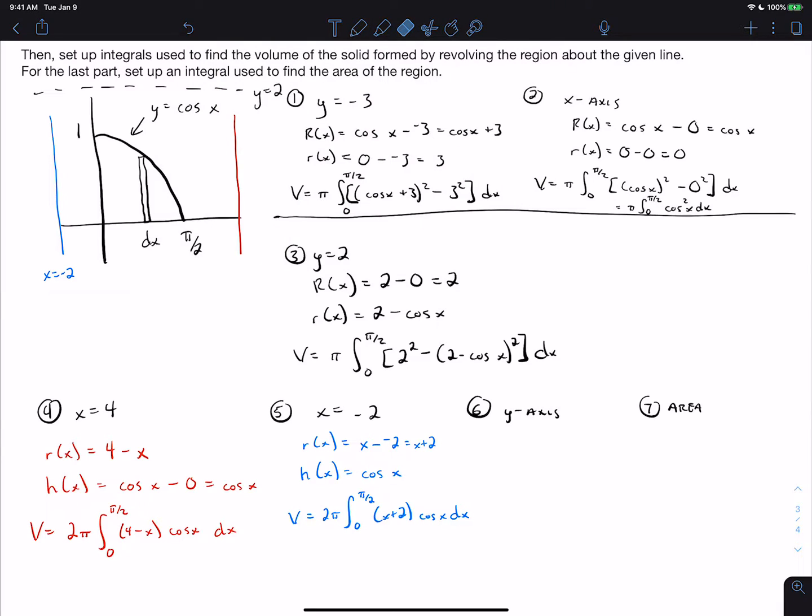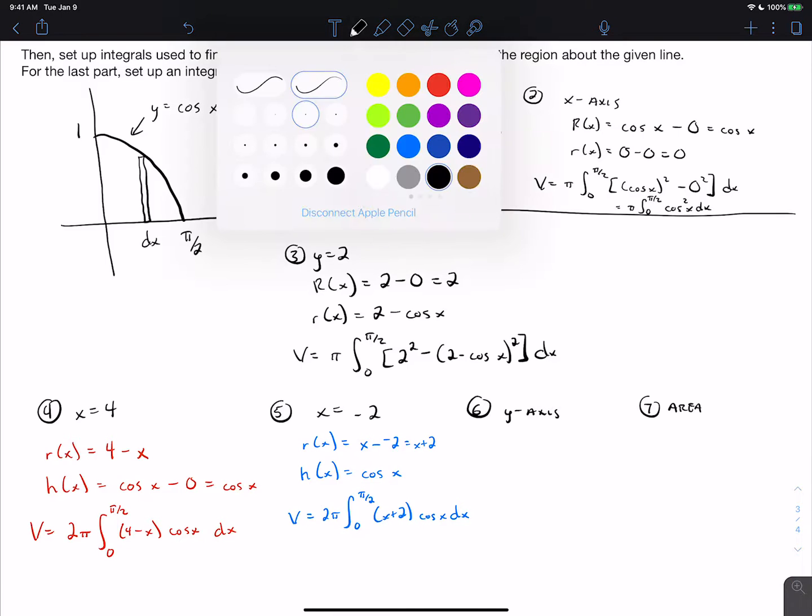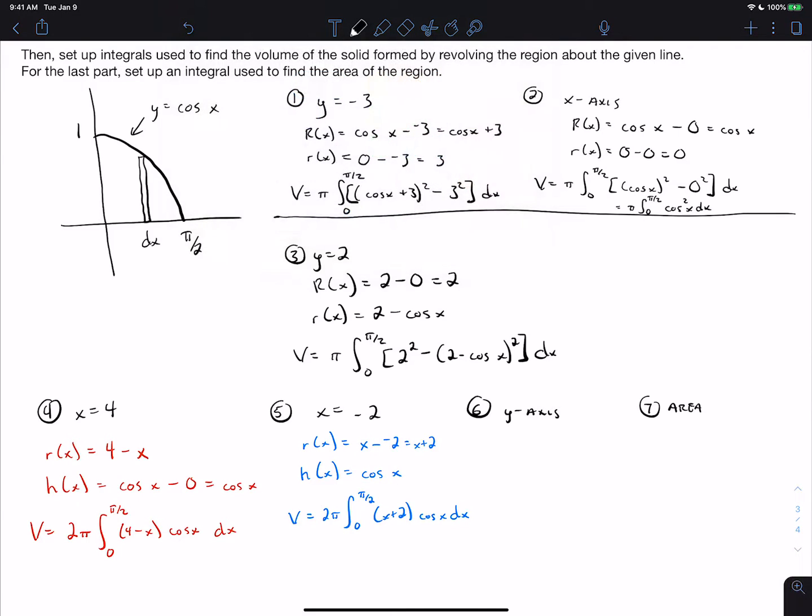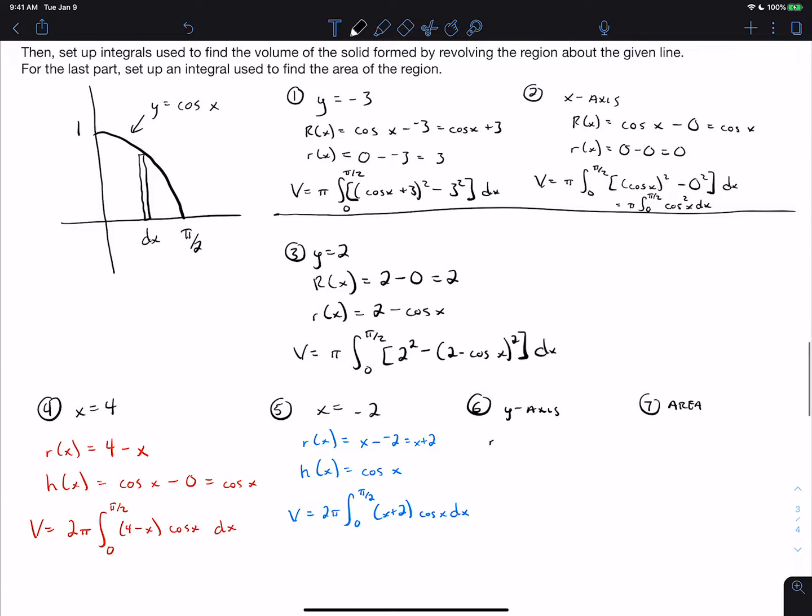For the y-axis, obviously we're looking at the y-axis this time. Let's put the y-axis back in. We're talking about a vertical line that we think of as being parallel to the rectangle. So we're using the shell method again.